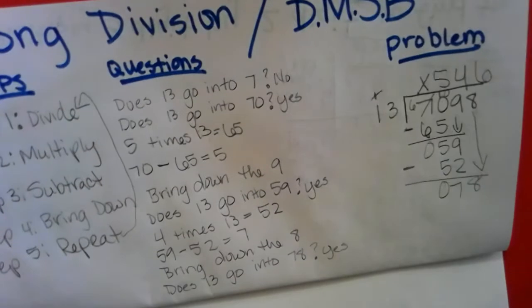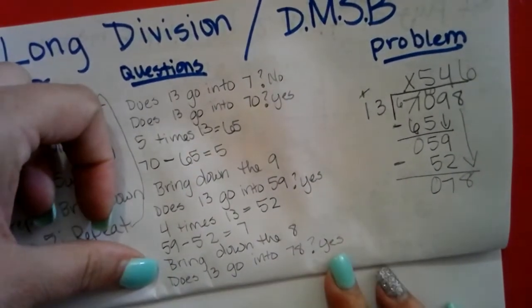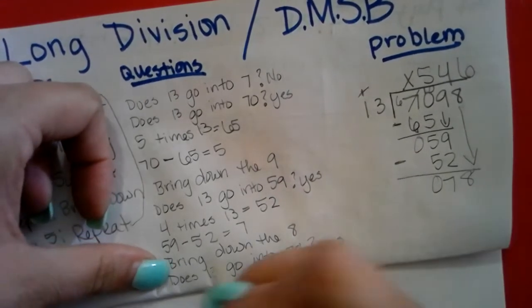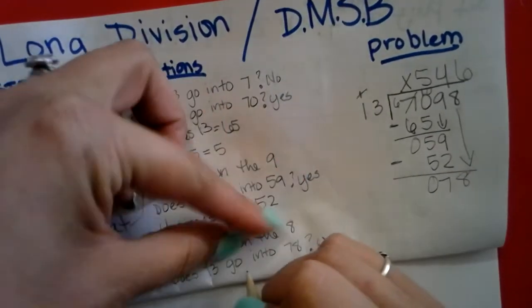So I'm now going to multiply. So does 13 go into 78? How many times? So 6 times 13.